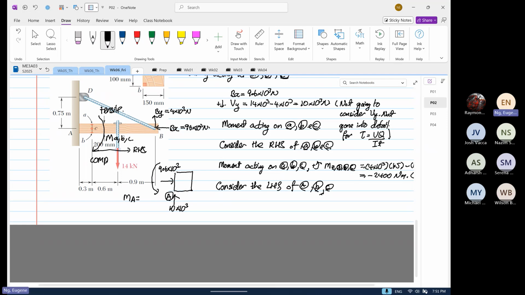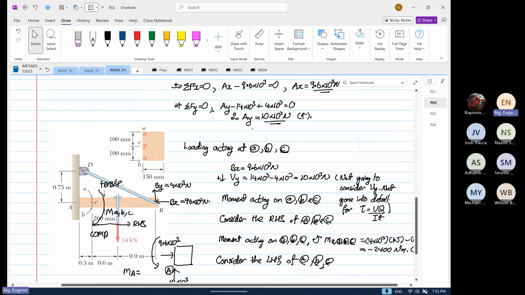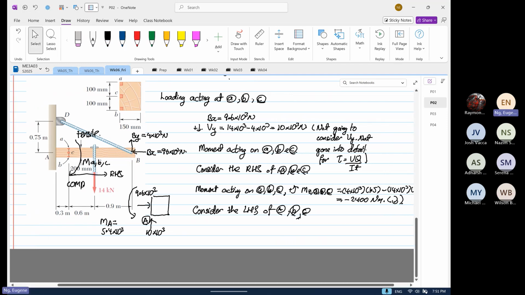The moment at point A is equal to 5.4 times 10 to the power 3. So this is our element, A, B, and C. If we consider the left hand side, the load has to be the same as when we consider the right hand side.